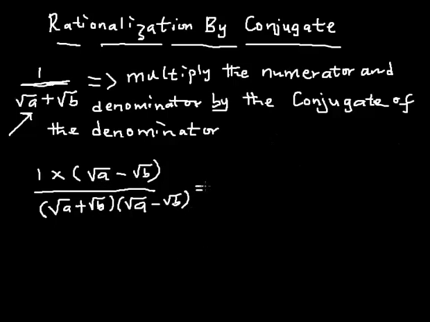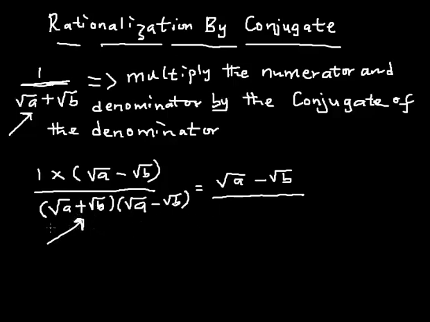1 times root a minus root b is still going to give me root a minus root b. Of course, at this point you want to expand. But these two brackets we call the difference of two squares. The same expression is found in the two brackets, but the only difference is that one is plus, the other is minus.